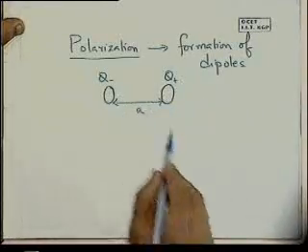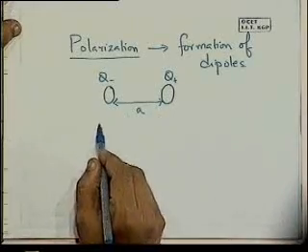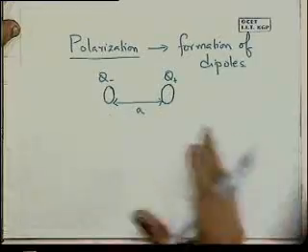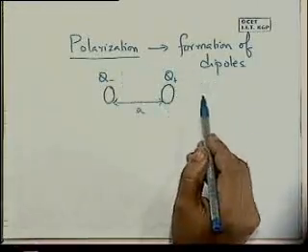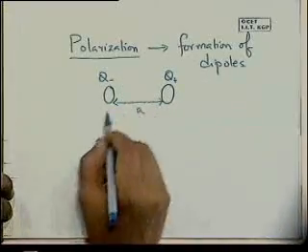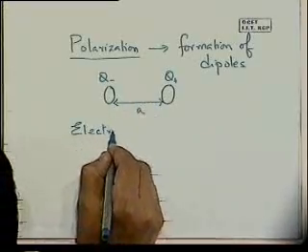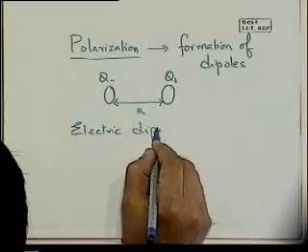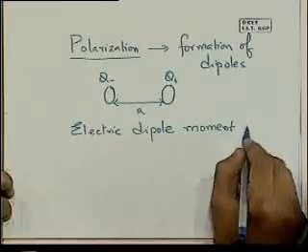So they have got the same magnitude of charge on them, the sign is different, and they're separated by A. So in other words, to have a capacitor, we must have a material that is capable of forming dipoles or capable of being polarized. For a dipole, we define what is known as the electric dipole moment, which has the symbol P.